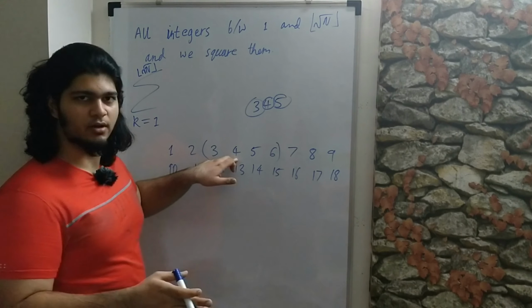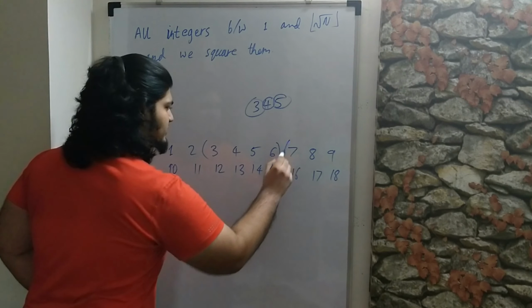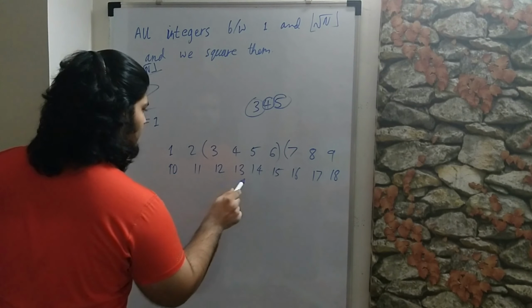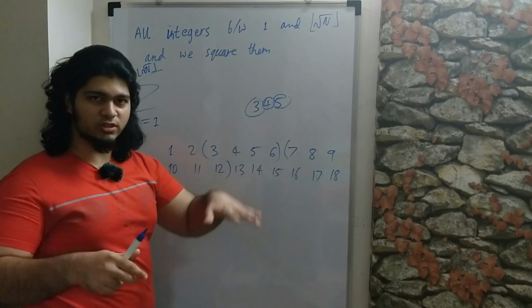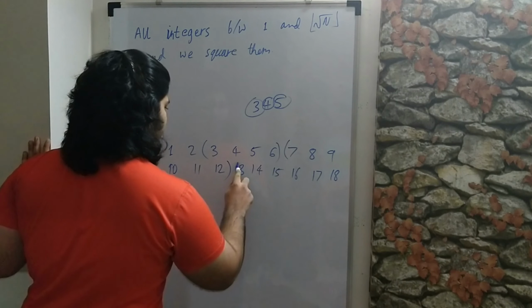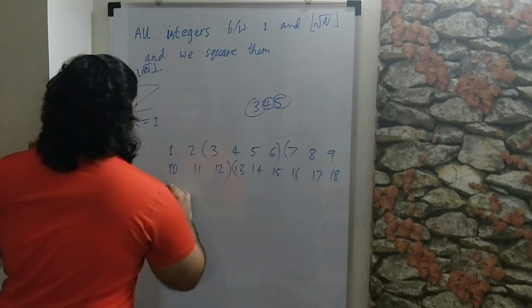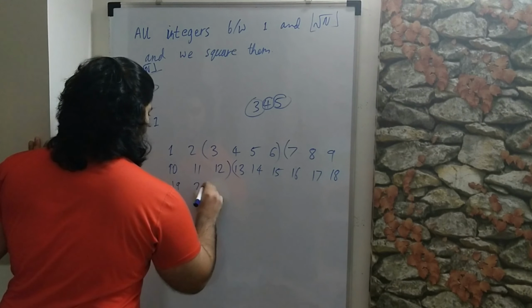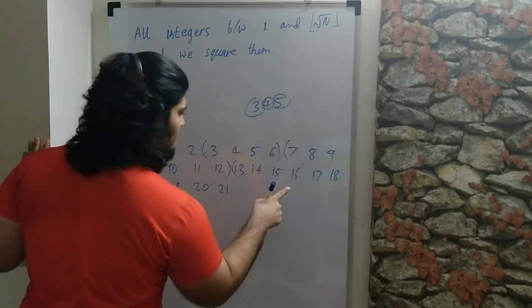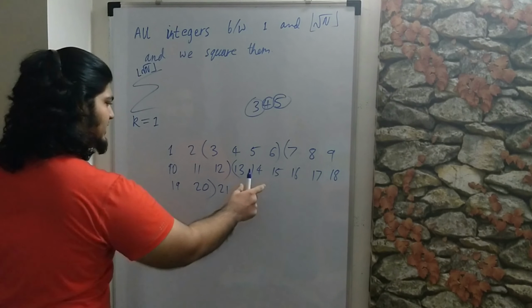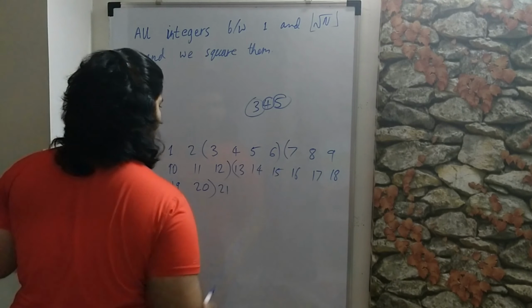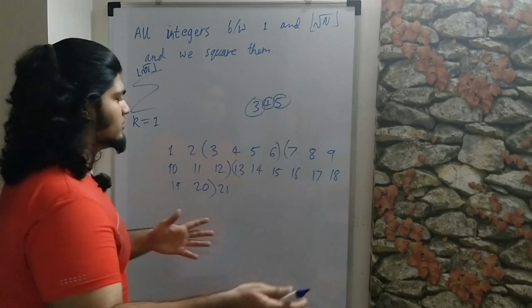Similarly, the integers 7 to 12 have 9 as the closest perfect square. Similarly, for 16 we have 13 to 20. So these many integers are closest to 16.